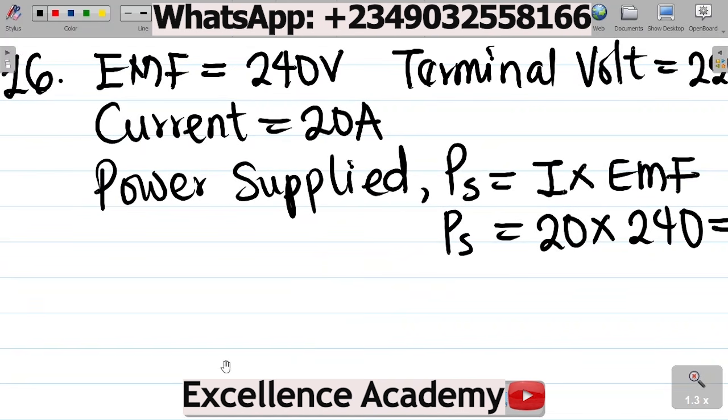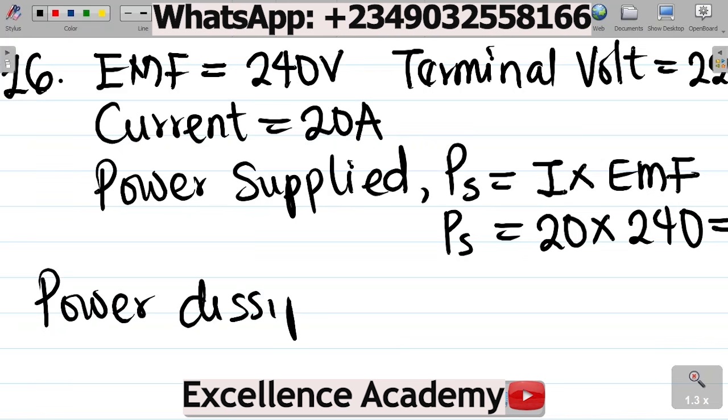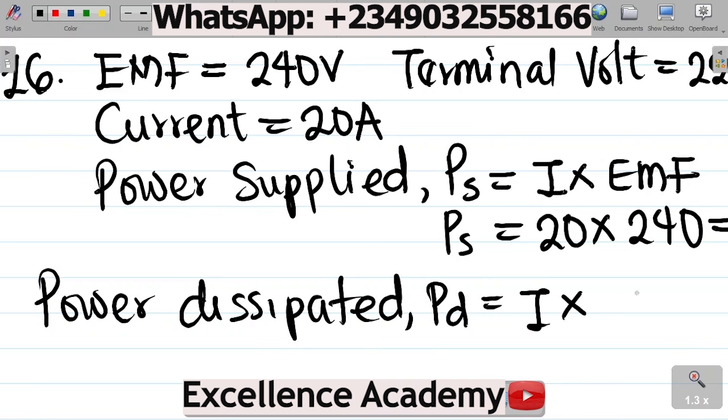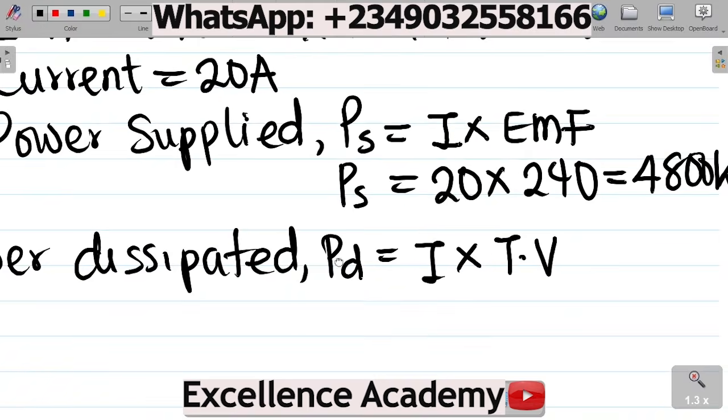Next I want to get the power dissipated. I'll call this PD, and PD is simply equal to I times TV, where TV means terminal voltage.